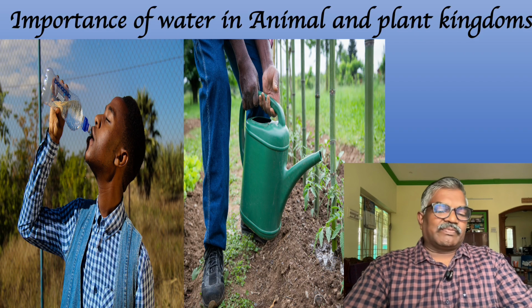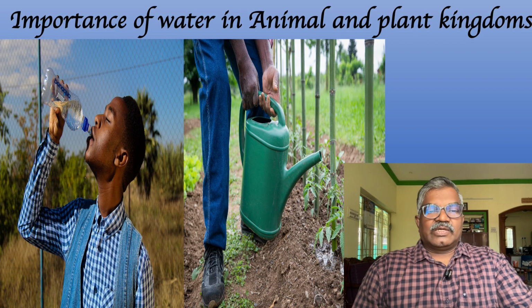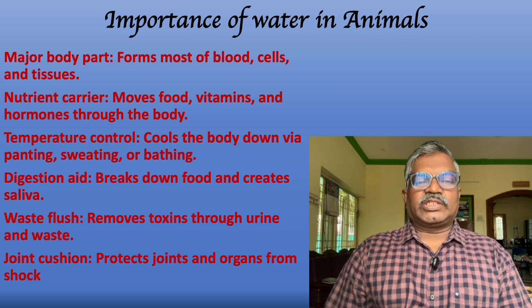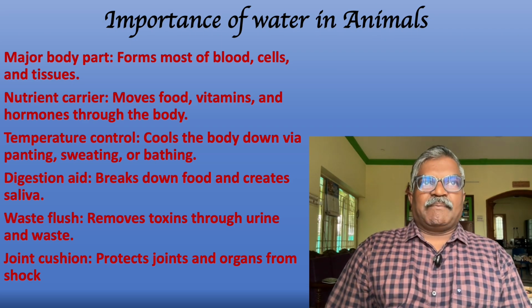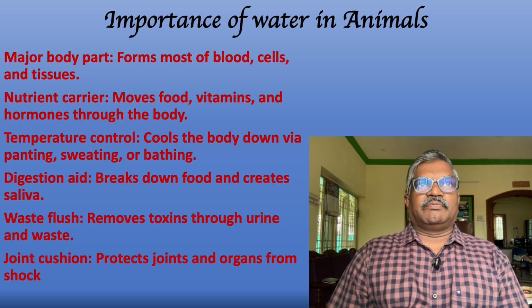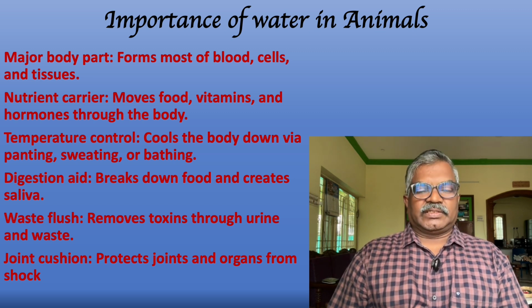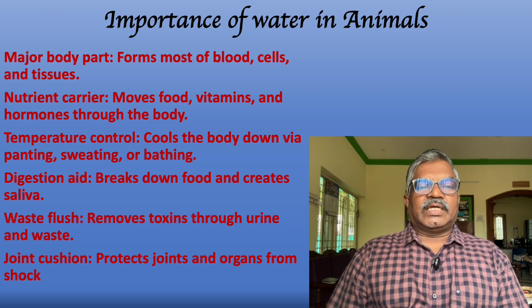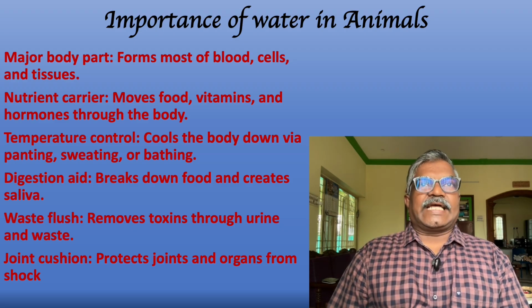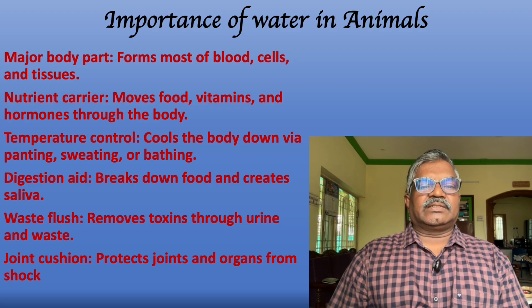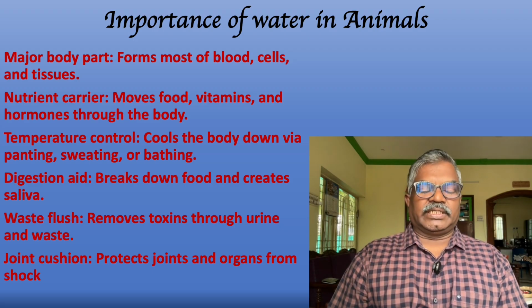Why is water so important for plants as well as animals? Water is very important in animals because most of the body mass is made up of water. More than 80% of the body mass is water. And not only that, it acts as a carrier, transporting digested food, vitamins, minerals and hormones in our body.